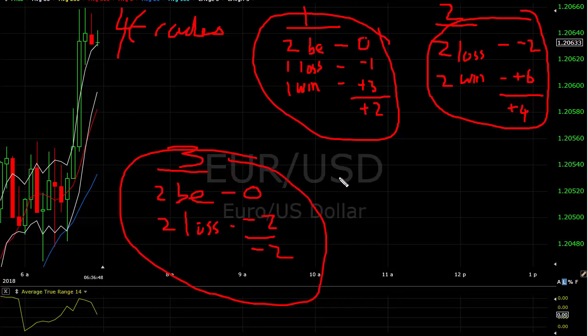I've tested it on one of my strategies whereby moving the stop to break even significantly reduced the profitability. It was still profitable, but it reduced the profitability by a decent margin, and yet you still see traders out there moving the stops to break even a lot of the time.